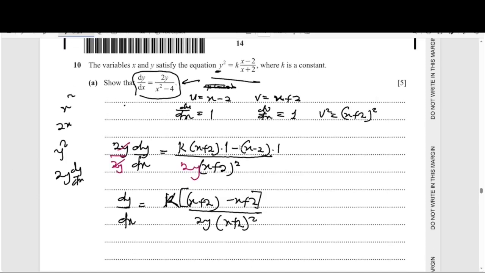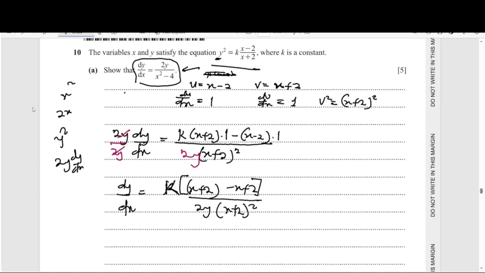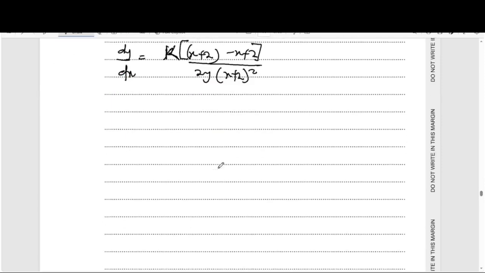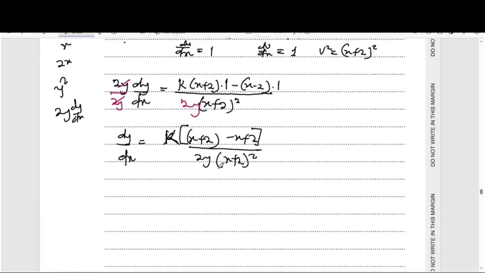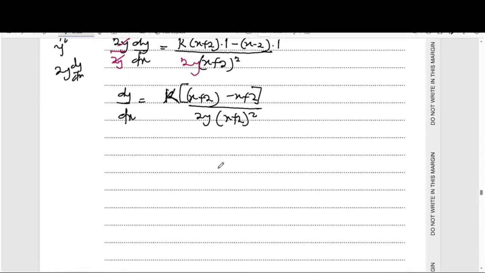So we go back to the question. Let me write the question back here. We see y squared is equal to k times x minus 2 over x plus 2. So because we need to eliminate k, we need to make k the subject from this equation.